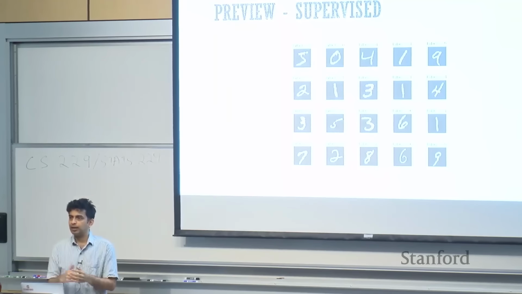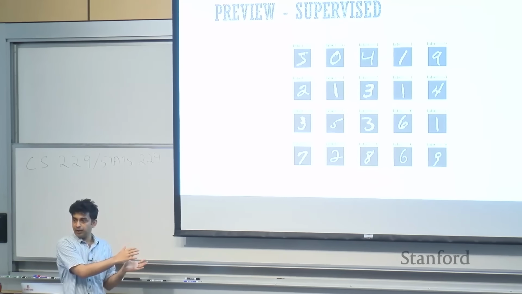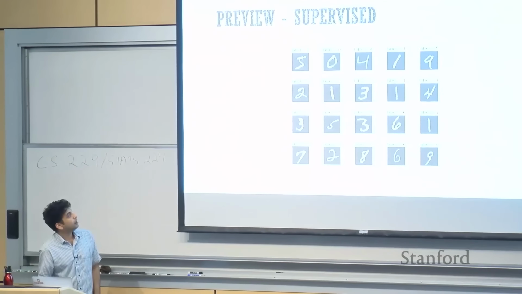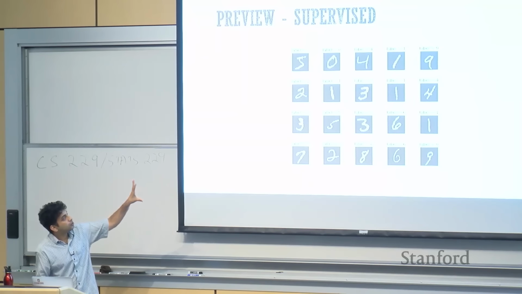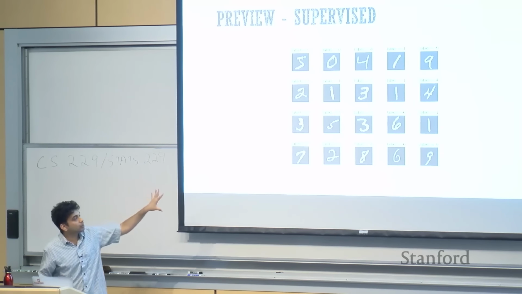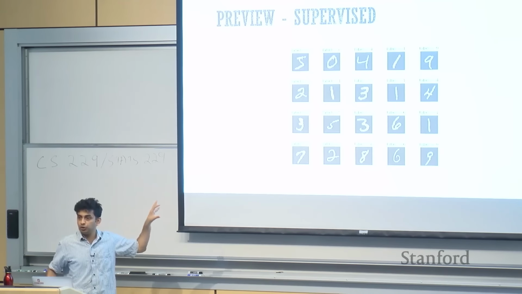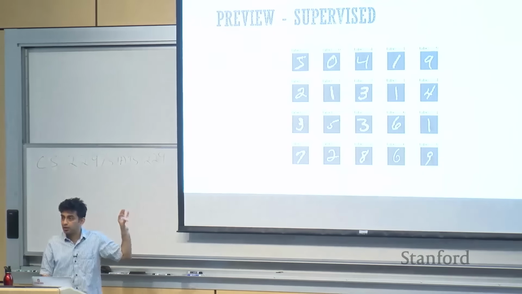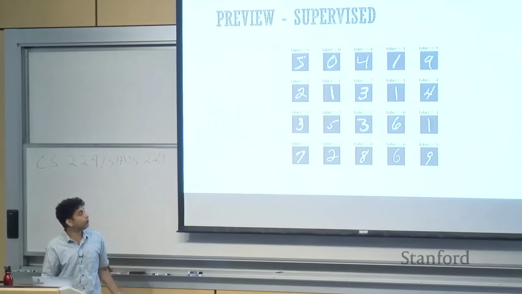It's one among 10 classes, and you want to learn a machine learning model given this training data, which is able to predict what the handwritten digit is for digits it hasn't seen before. In fact, you'll be working on this data set and implementing a neural network to build a handwriting digit classification in one of your homeworks.